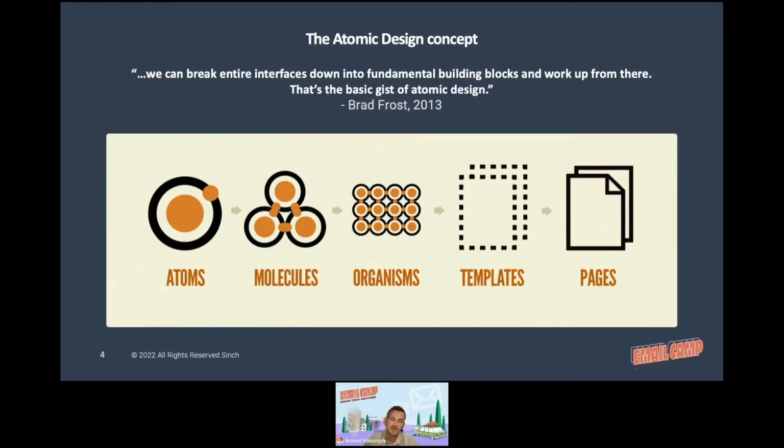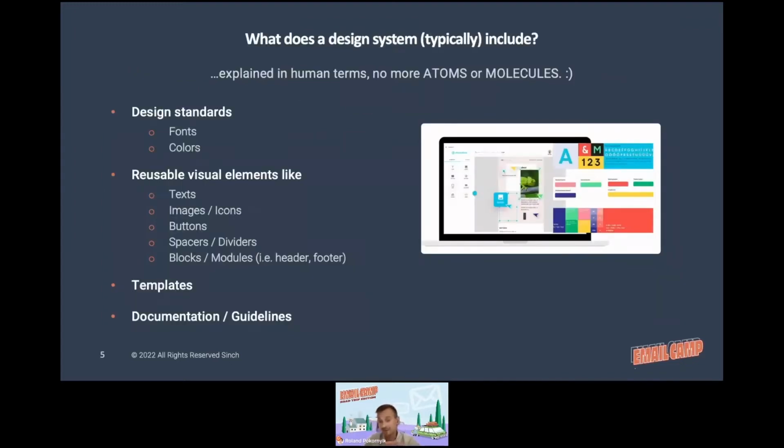If we apply the same terminology to web interfaces, these atoms are simple HTML tags such as text, images, buttons, labels, links, and so forth. And these small fundamental elements can be compiled into bigger molecules and organisms. These organisms are things such as headers, footers, or hero units in email terms. I don't want this to turn into chemistry class, so I'll use human terminology in the rest of the presentation.